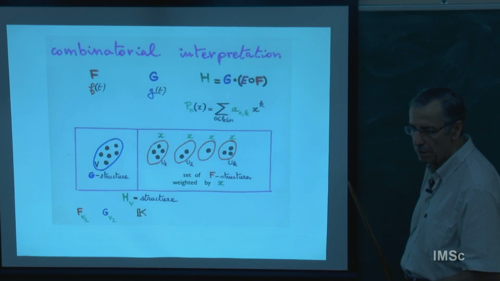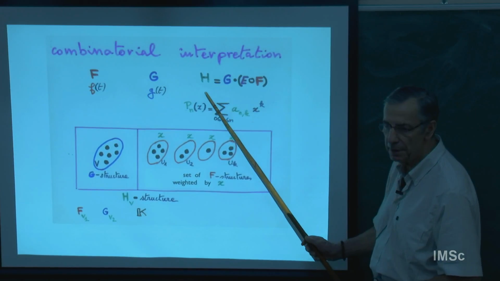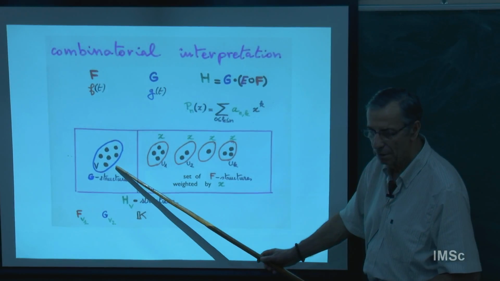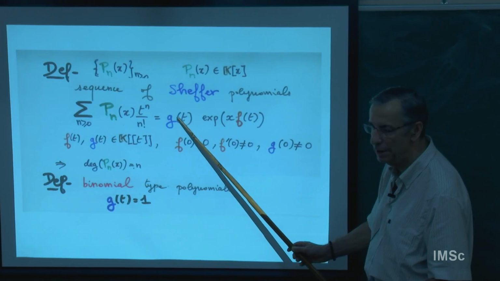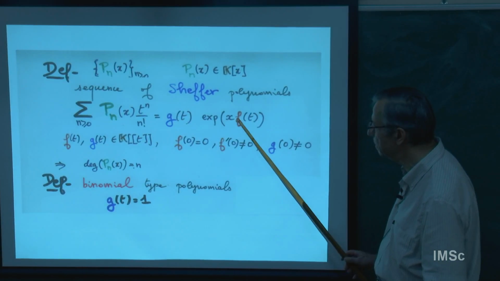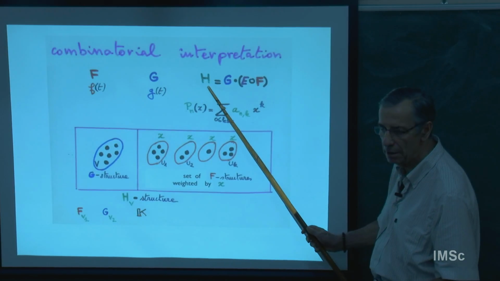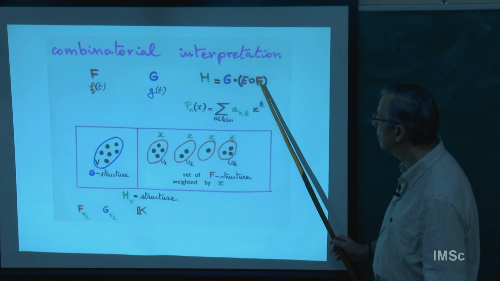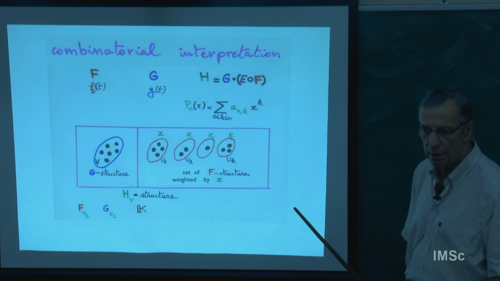So there is an easy combinatorial interpretation. You take two species, G in blue, interpreting the generating function G, a species having this generating function, and you define the species H equals the product of G by the assembly set of F. So here is a typical structure.